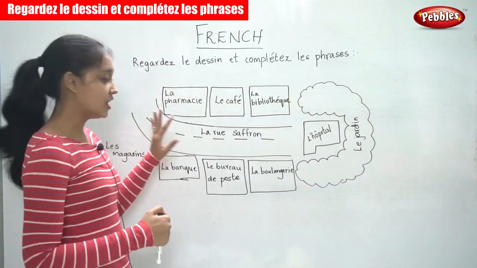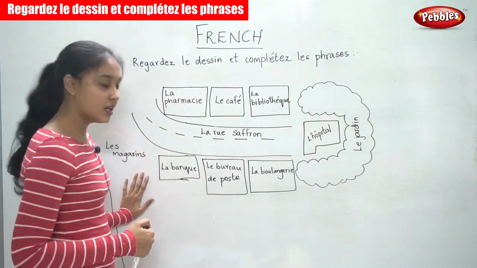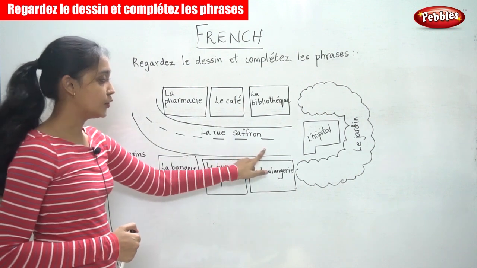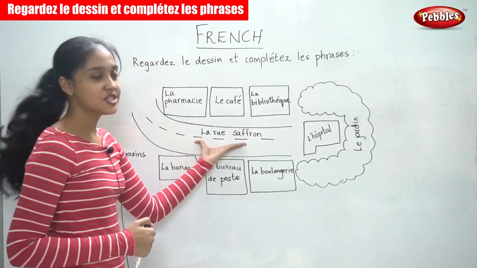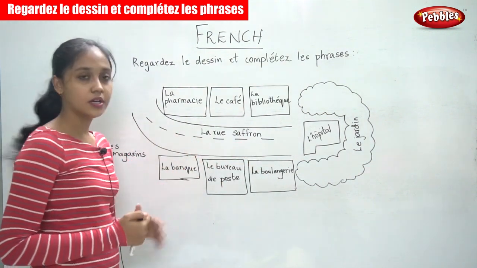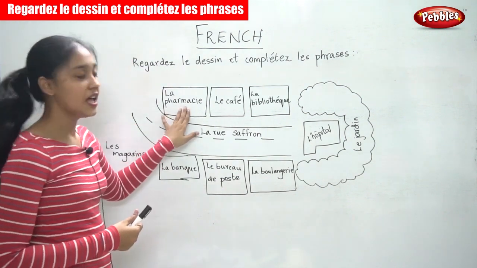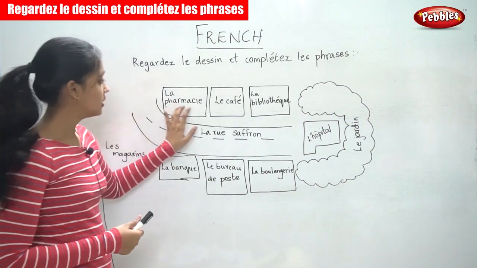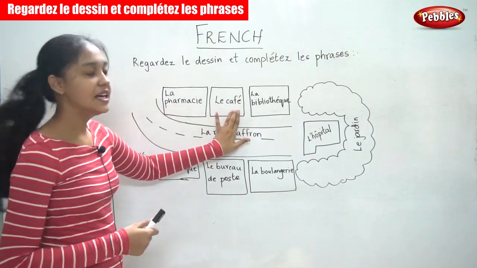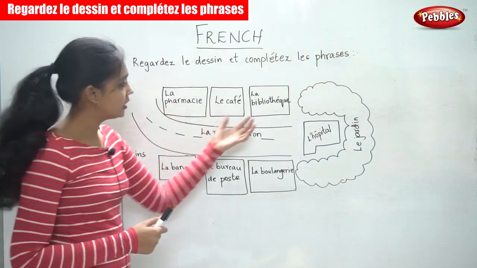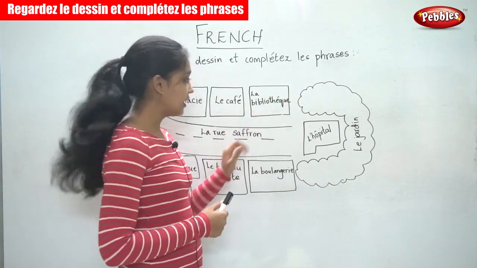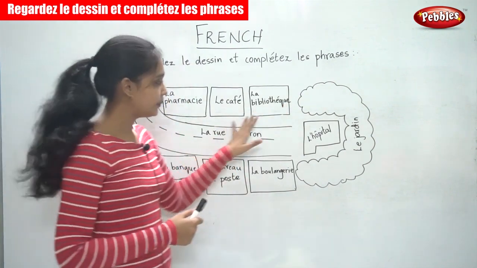So first take a look at this map. This is La Rue Saffron, the street. This is the road. And what are the things present here? La pharmacie. Then there is le café, la bibliothèque, which is the library.